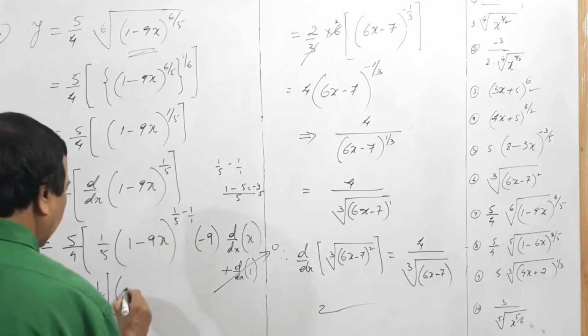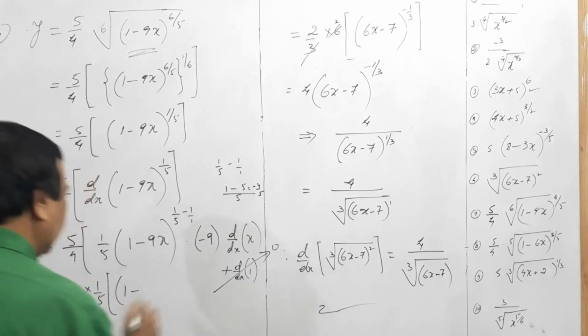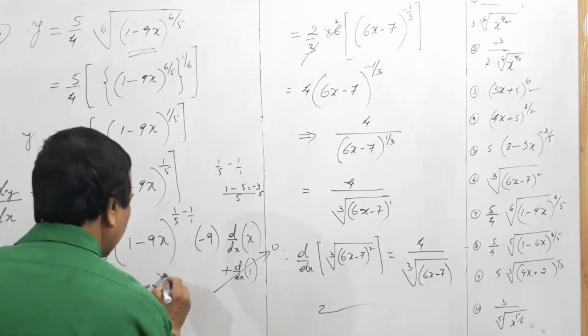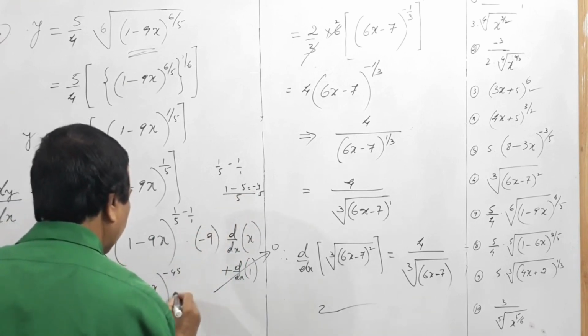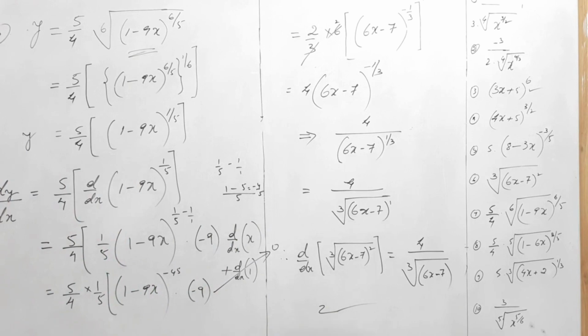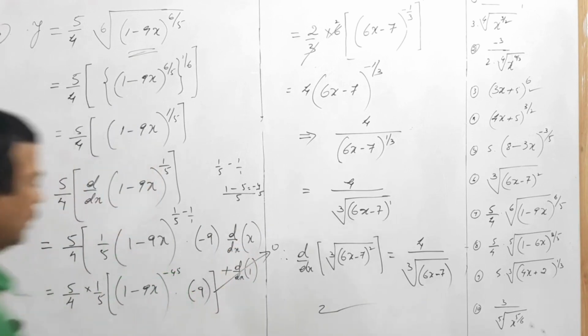So 1 minus 9x to the power of minus 4 by 5 into minus 9. Okay, so that is 0. Forget about that 0. Let us think.